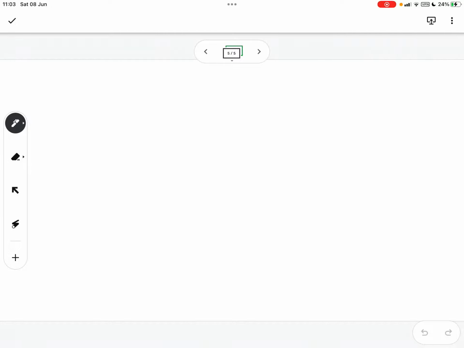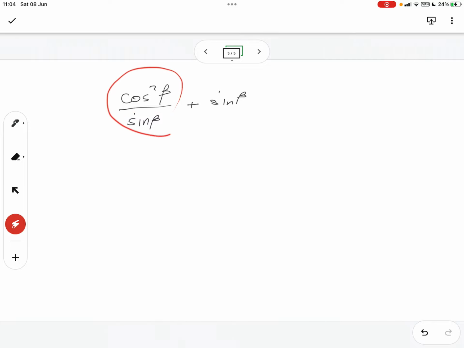Yeah, another way, which we did last night, is to say, if we have cos squared beta over sine beta, it's plus sine beta. How would you make this one that doesn't have a denominator have a denominator that's common to this one that has a denominator?